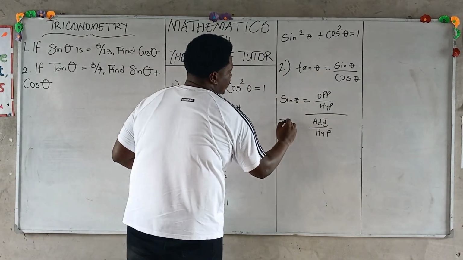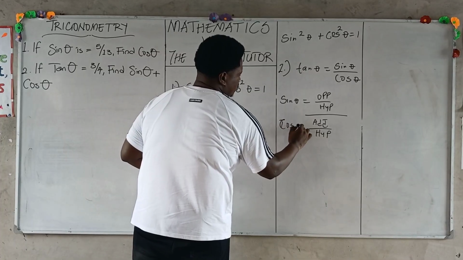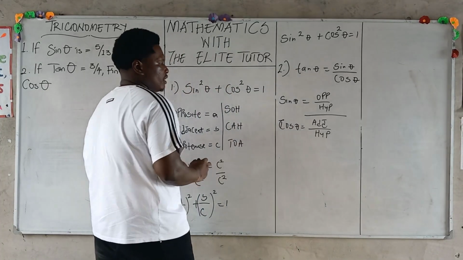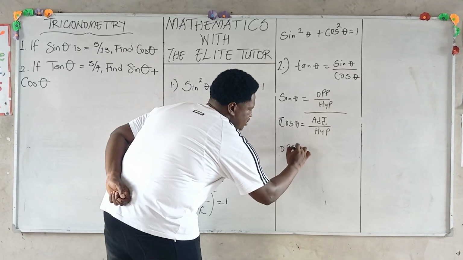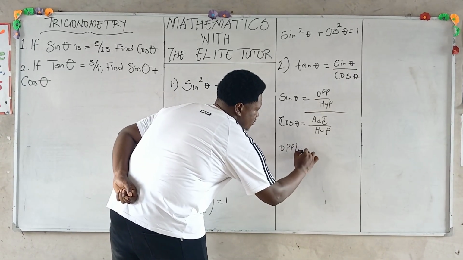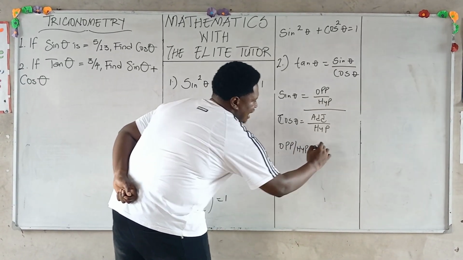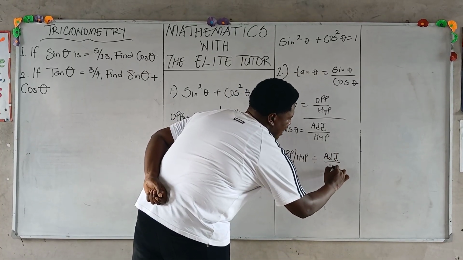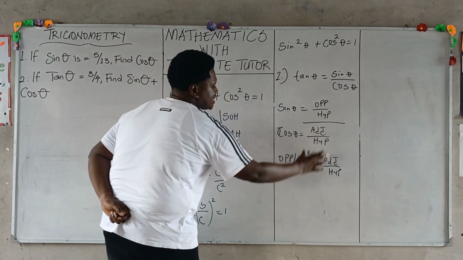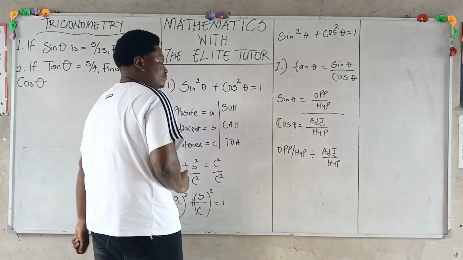Now let's evaluate. This is opposite over hypotenuse divided by adjacent over hypotenuse. Same thing that I've done here.